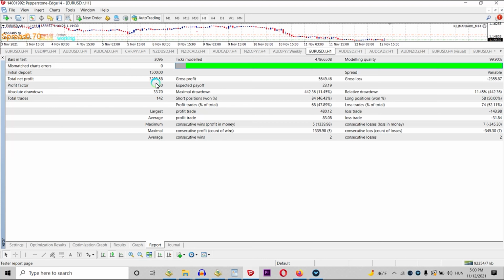And one more thing, and that is the drawdown that you can see here. The relative drawdown and the maximal drawdown was, in my opinion, very low, because it is approximately 11%. That is not high at all. So I recommend for you to try this strategy out with different parameters, just play around with it.